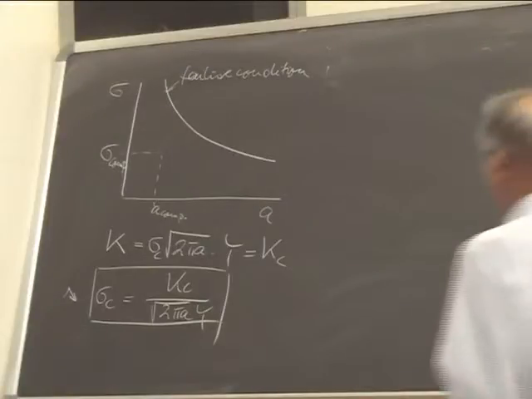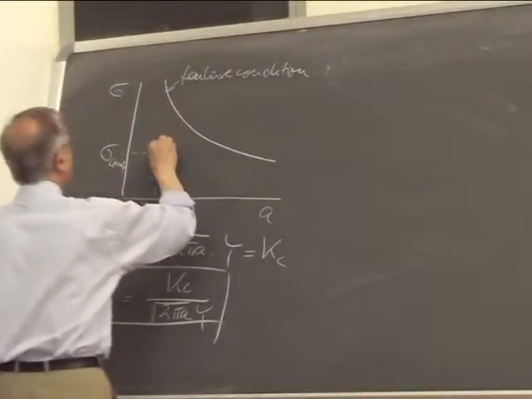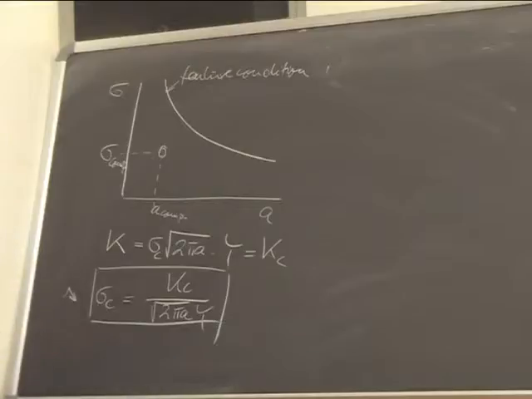So this is our service point, which is supposed to be below the failure line. And the crack is either found by NDI in a structure, which is no easy task, by the way, or it is assumed in the design stage.